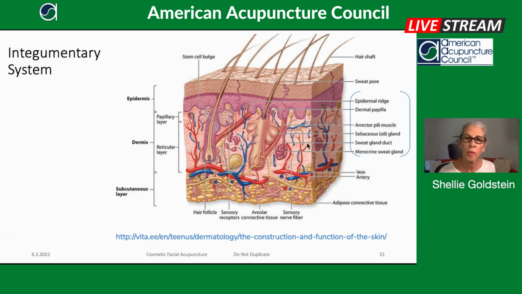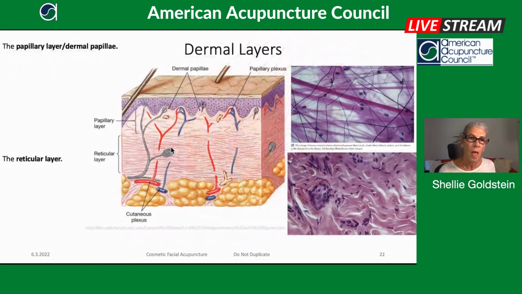So not only do we have a number of nutrients and bathing solutions in this dermis, but we also have our erector pili muscles. They're muscles that we feel when we get the chills and the hair starts to stand up on our skin, sweat glands, a number of sebaceous oil glands, a number of different vital substances are in the dermal area of the skin.